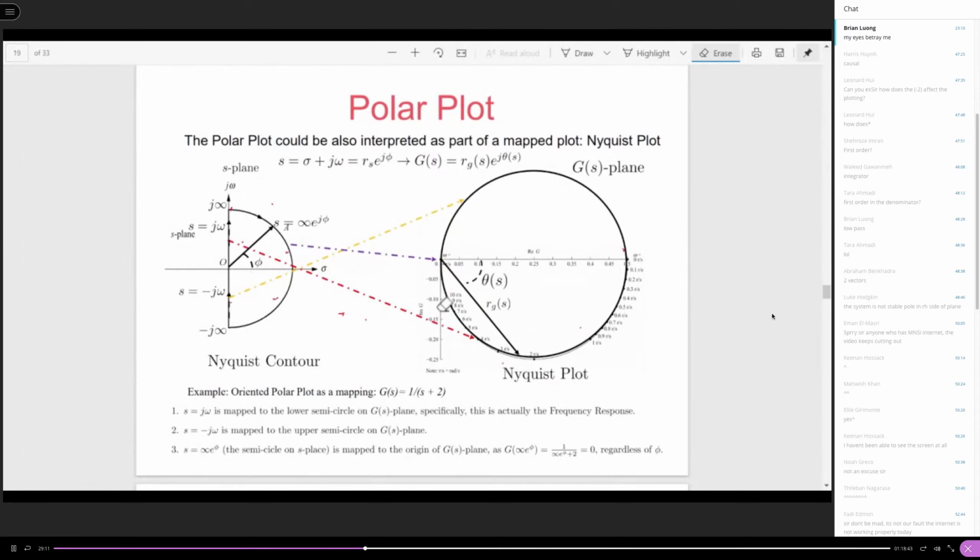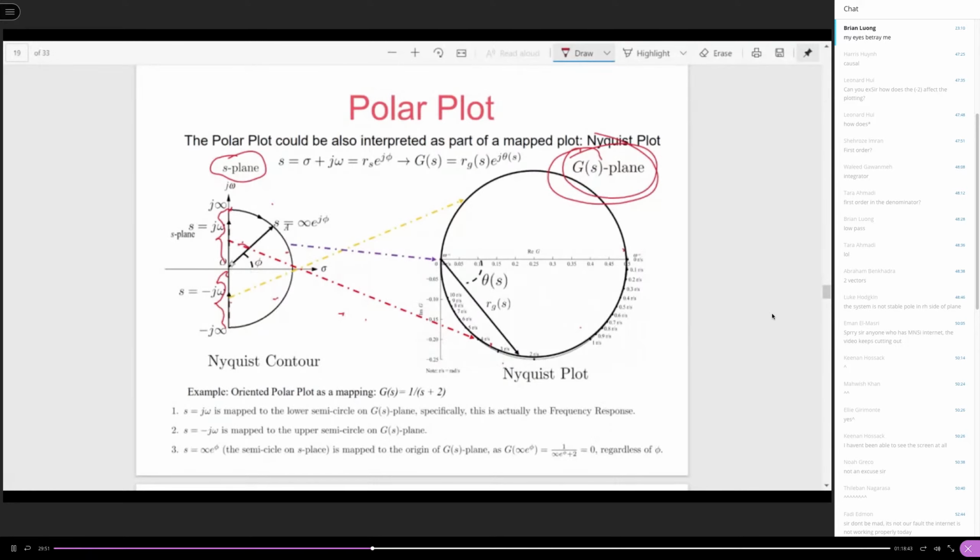The upper imaginary axis part in the S plane is going to be mapped to the lower semicircle part on the G of S plane. The lower imaginary axis part in the S plane is going to be mapped to the upper semicircle in the G of S plane.